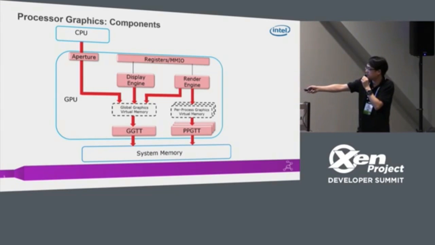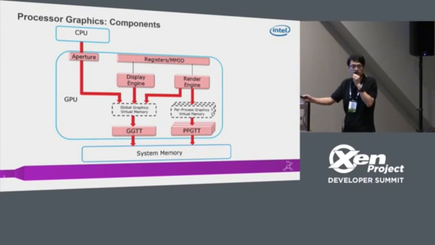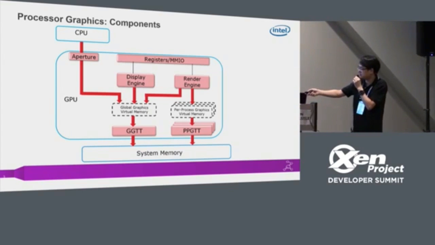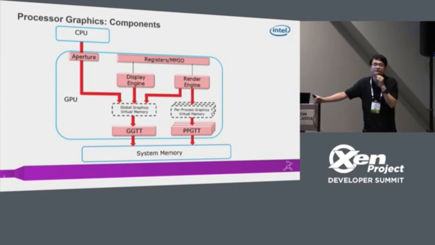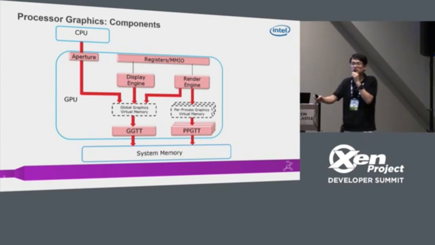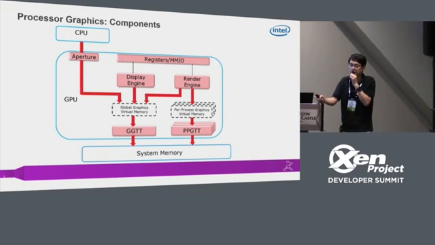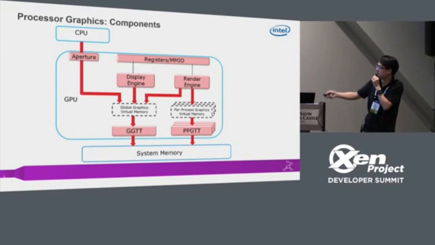We call them the GGTT and the PPGTT. There are several components accessing the system memory. The first is the render engine. This is the major engine executing the workload, 3D workload, 2D workload, media, so everything goes into the render engine. This engine will access both the GGTT and the PPGTT.